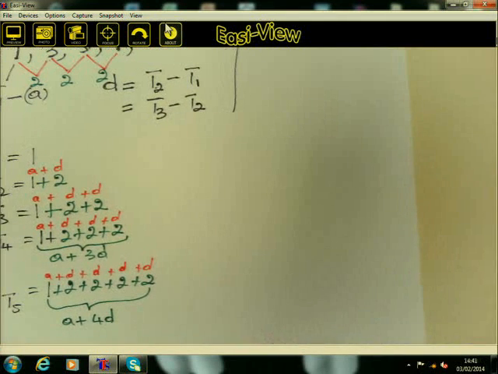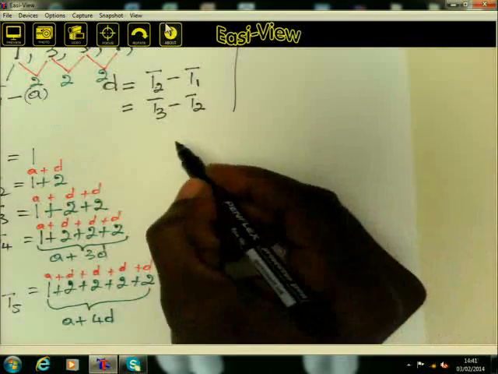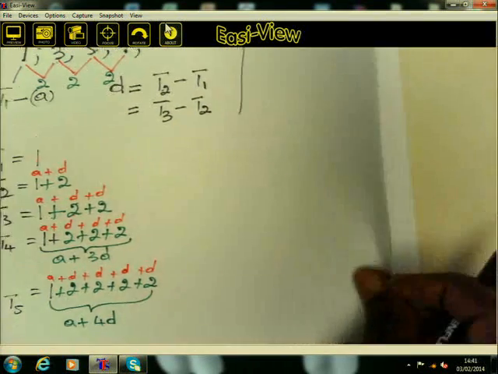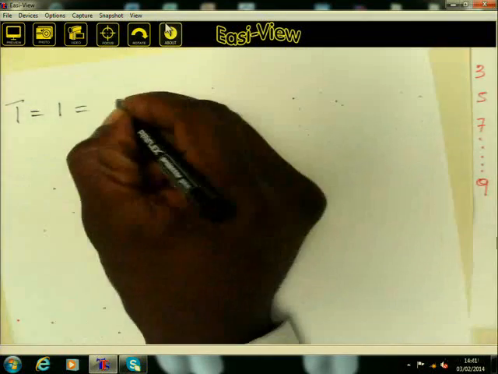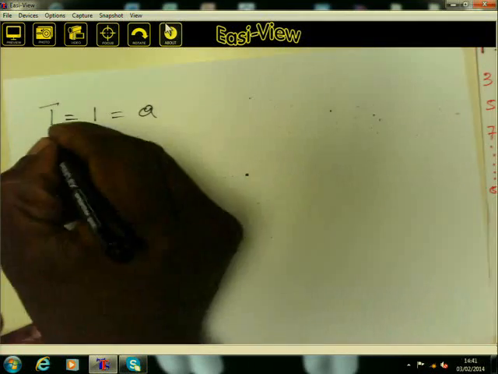Now let's write it well so that we realize the pattern that we are talking about. We just said T1 is equal to 1. Then which can be represented by A. T1 is equal to 1. That is equal to A. That is T1.